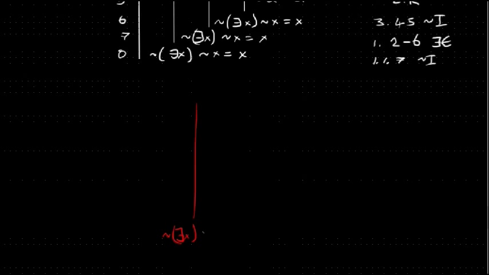we're not going to be able to get not x equals x by assuming there exists an x such that not x equals x, and trying to derive not x equals x.